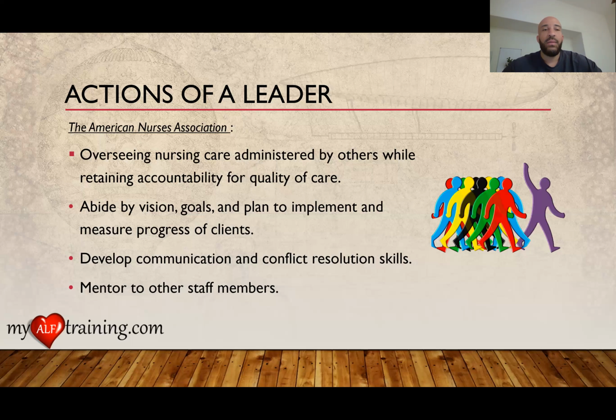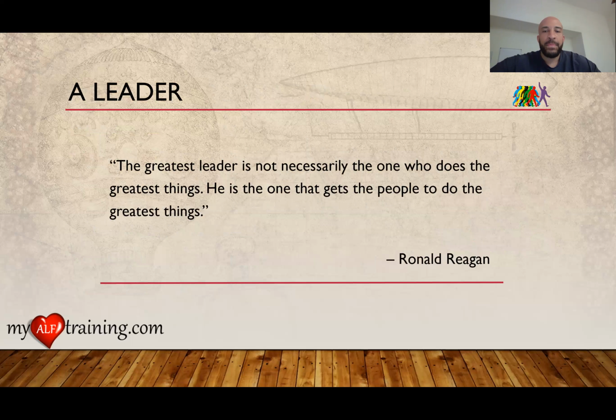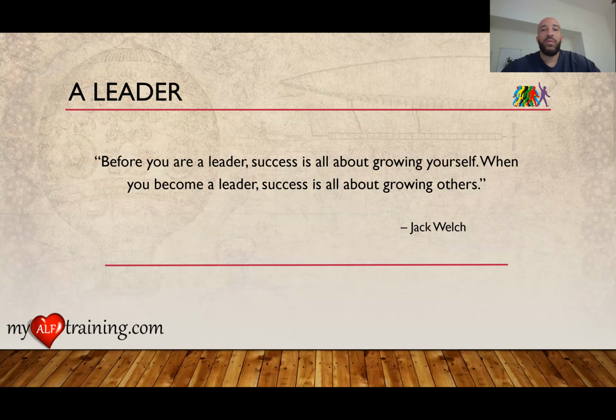And like we read in the very first quote of this presentation, it is helping those leaders grow themselves into the best healthcare provider that they can become.